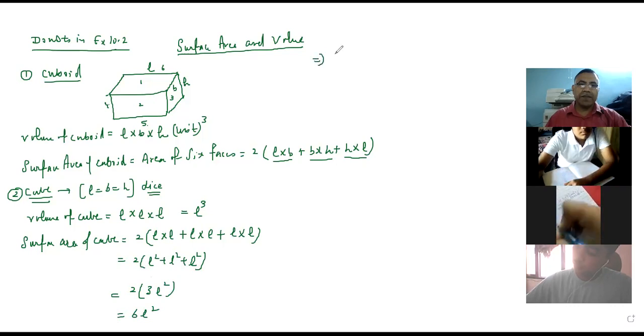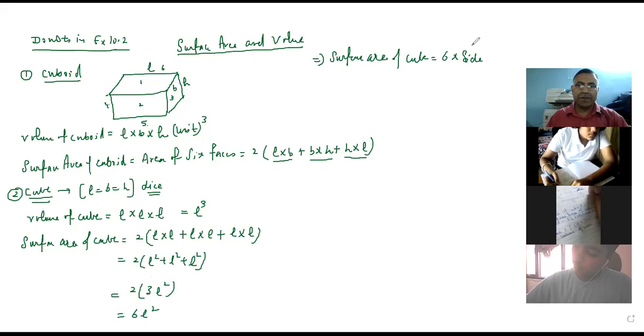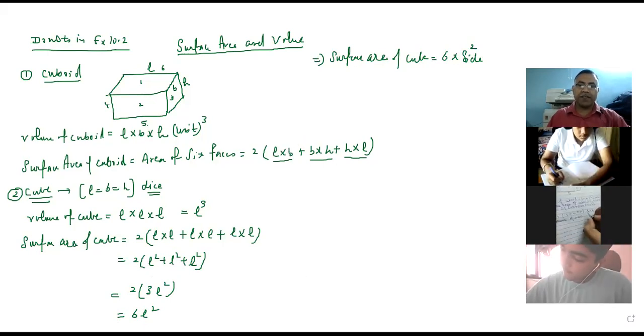This implies surface area of cube is 6 times side square. If anybody has any confusion in understanding the results, you're free to ask me. No.